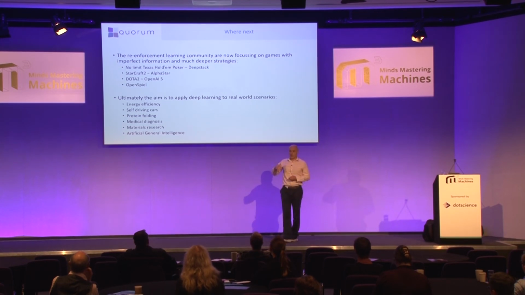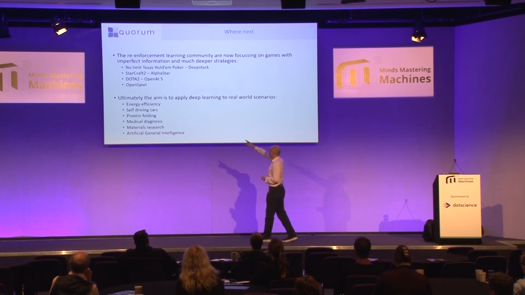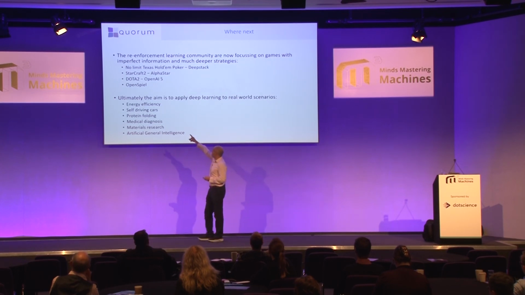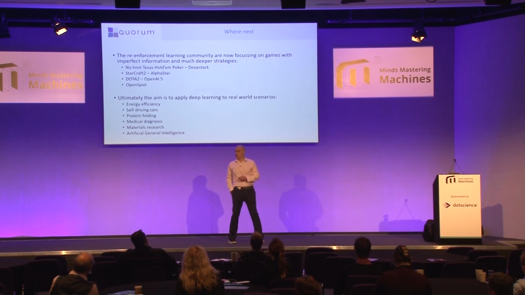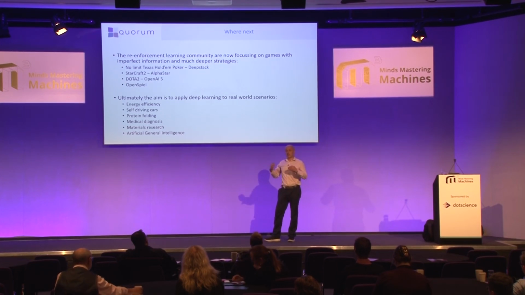StarCraft and Dota 2 are quite complex strategy games that, again, are now above human level in terms of ability. And while I was researching for this, I came across a project called OpenSpiel, which is a DeepMind GitHub library. Basically, it's DeepMind open sourcing a lot of the techniques that they use to build the AlphaGo project.